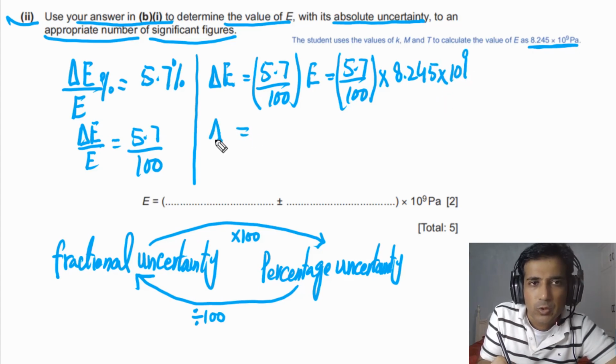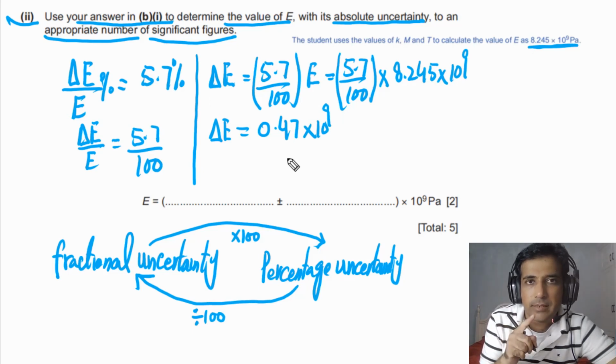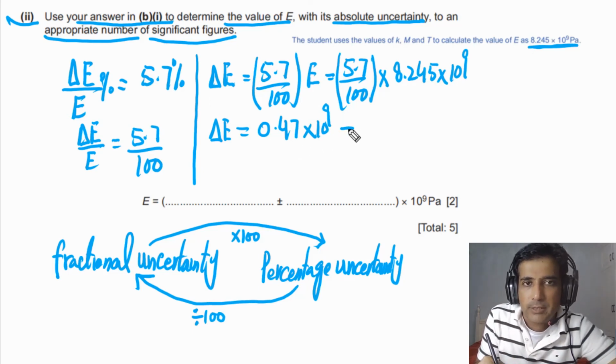Now if we solve this for delta E, meaning the absolute uncertainty of E, you will get 0.47 times 10 to the 9. We need to understand that at AS level, absolute uncertainty has to be written up to one decimal place only. So we can write this one as 0.5 times 10 to the 9.